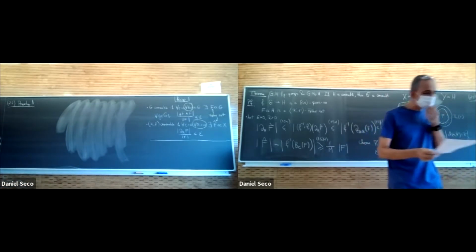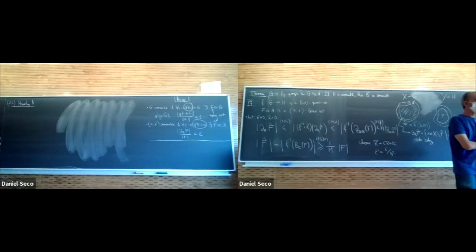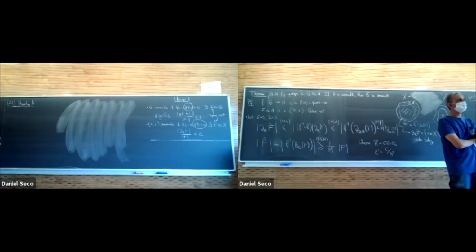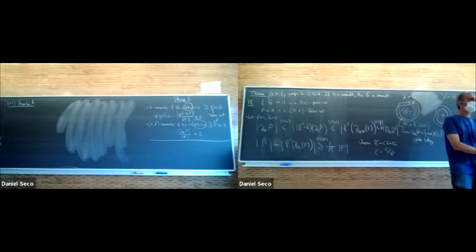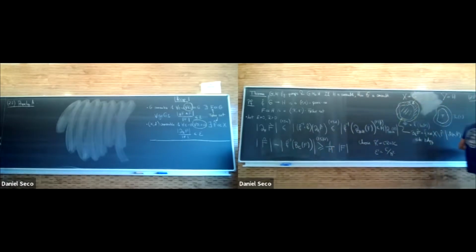Okay, property A is a property of metric spaces, which in the case of groups contains the notion of amenability. So any group which is amenable has this property. I'm going to introduce it in a similar way.